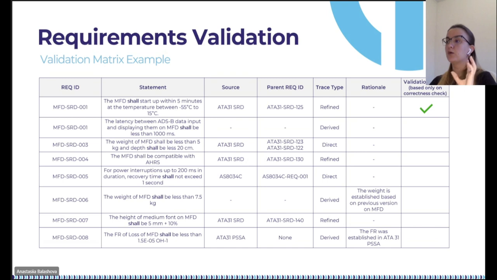Now, I'll give you 1 minute to check the other requirements, and then we will discuss each of them.